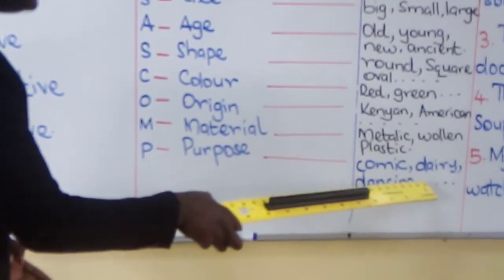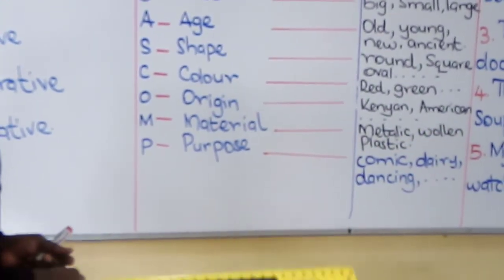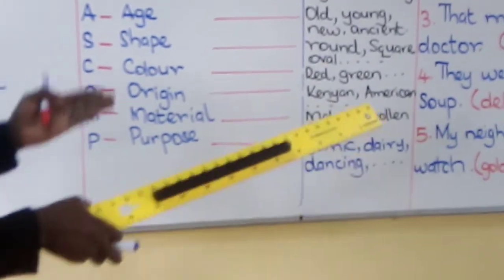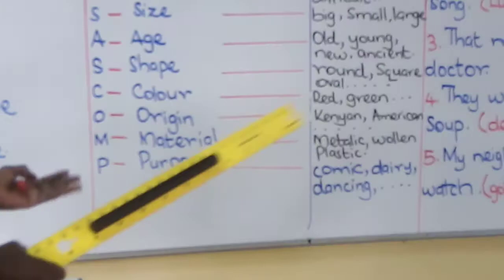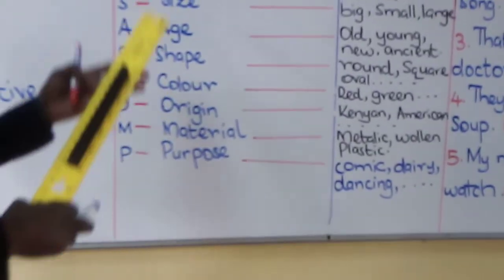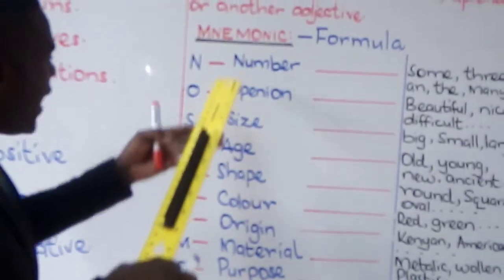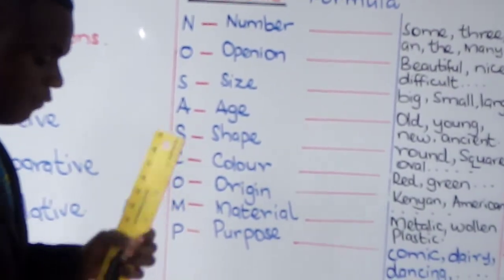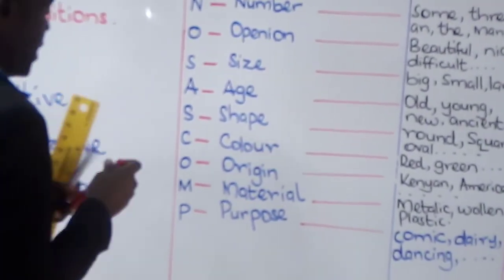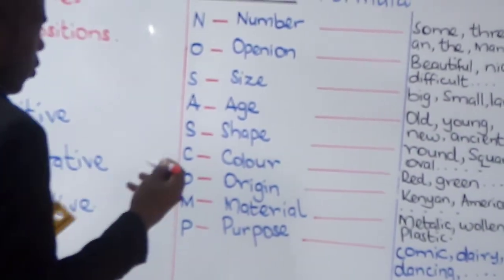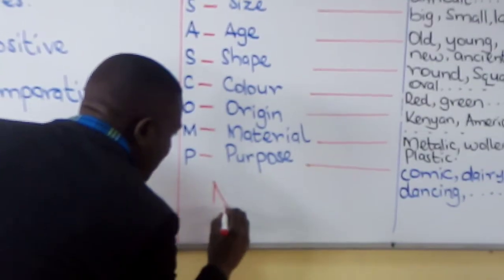Is it dairy? Is it a dairy cattle or a dairy goat? Or is it dancing shoes? Dancing purpose. And then, of course, after all the adjectives in the order, you will find the noun here, closing the order, the list, the noun.